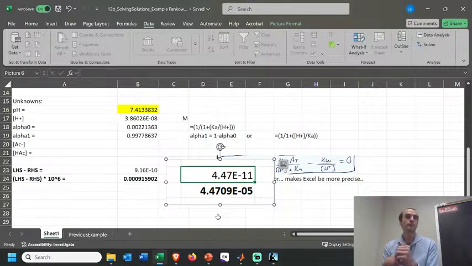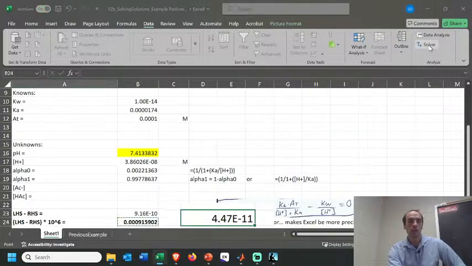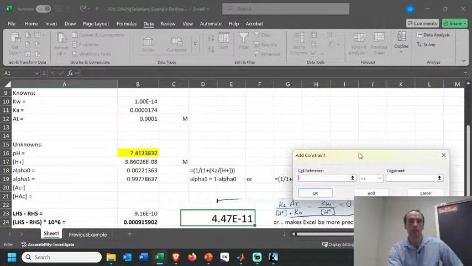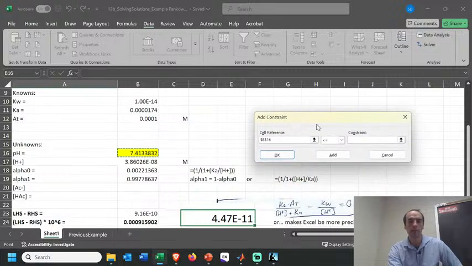Okay, I'm getting a sense of the solver not finding the solution. Yeah, usually you just click OK and see if it works. And the other thing we could do if it's really not working is put in a constraint to say the pH value has to be less than or equal to 14.